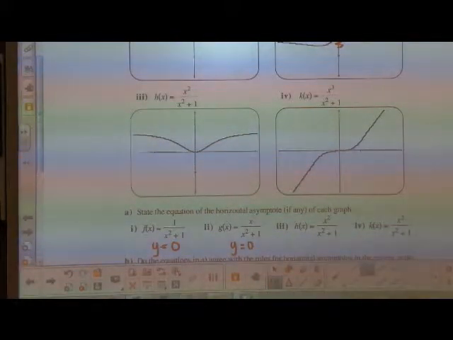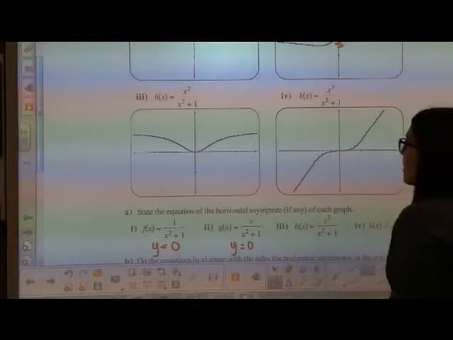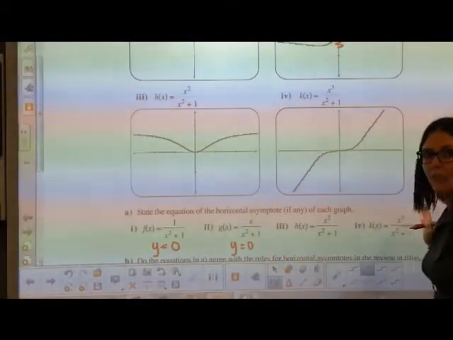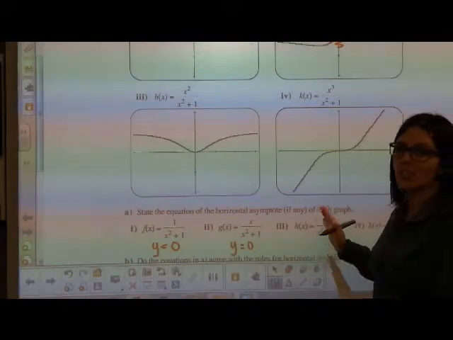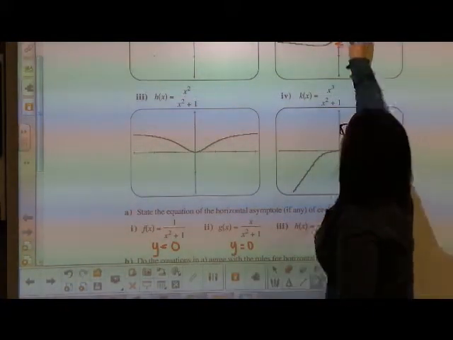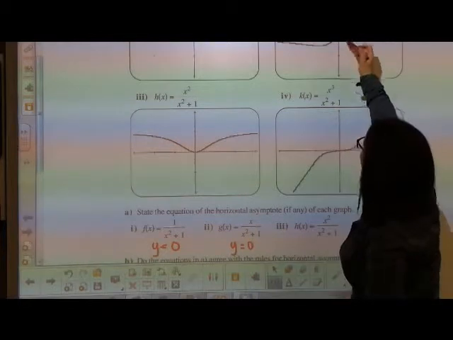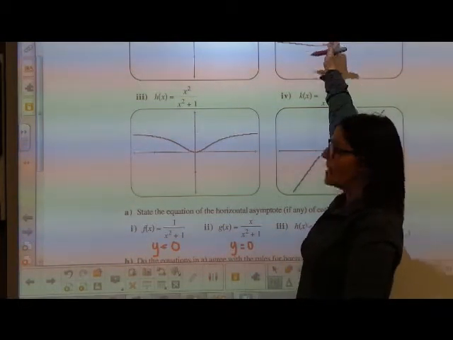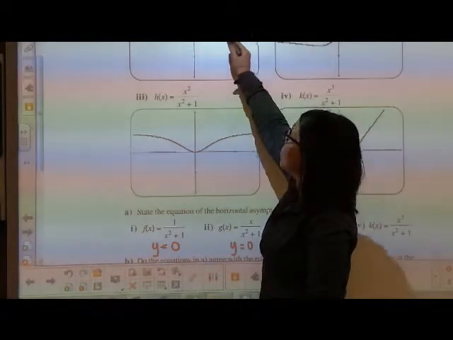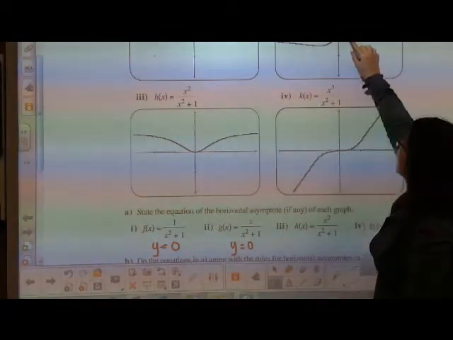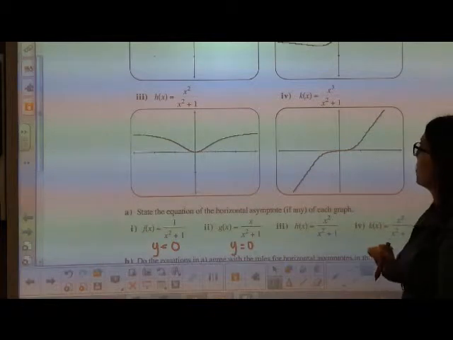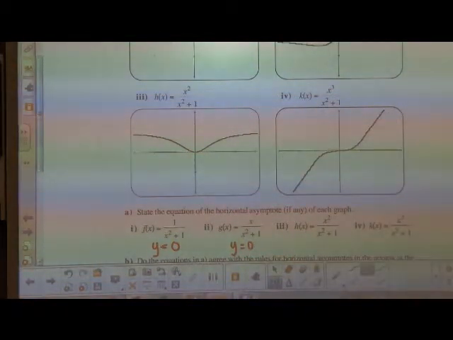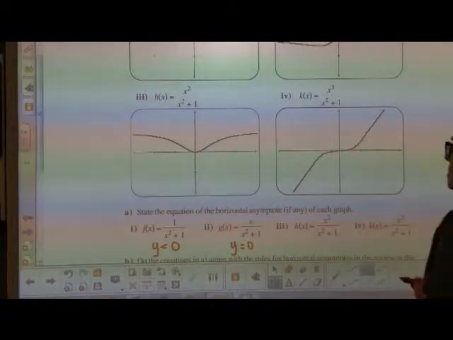So when we are looking at a horizontal asymptote, that horizontal asymptote does not need to be the entire graph. It could be a section of the graph. So in this case here, even though the graph goes through 0 here, it does not actually, in this part here, it approaches 0, which is what makes it the horizontal asymptote. It approaches 0. If we look at I, do I look to have a horizontal asymptote?